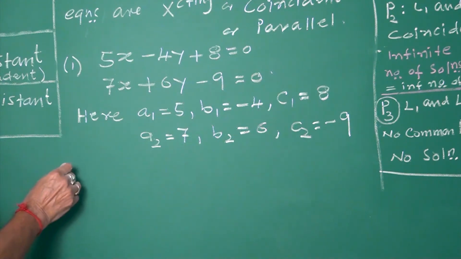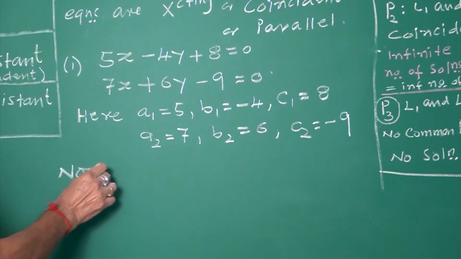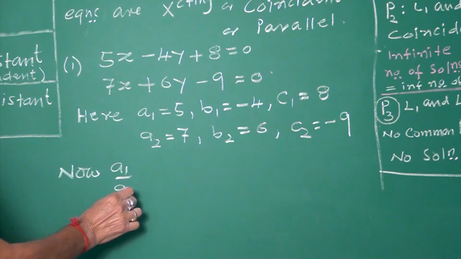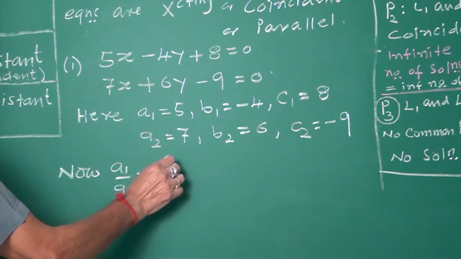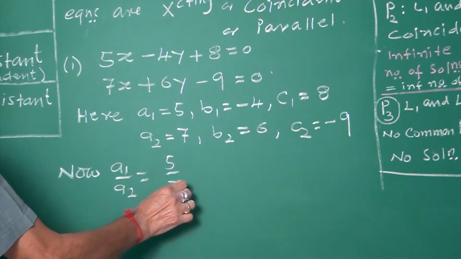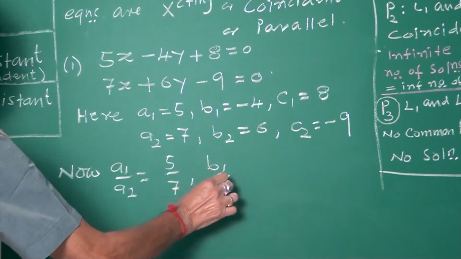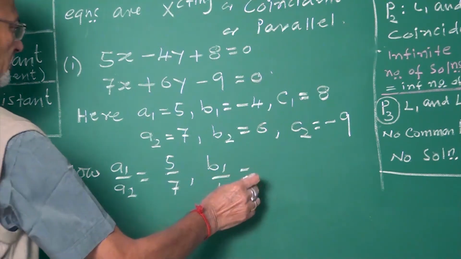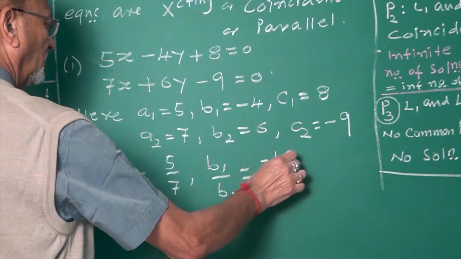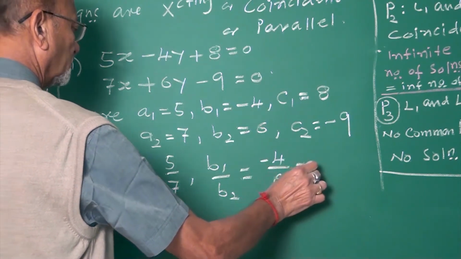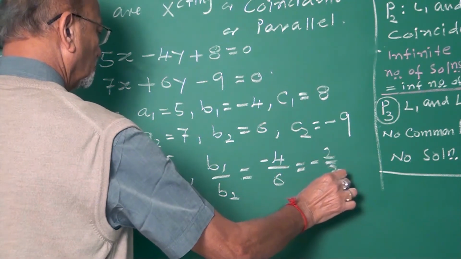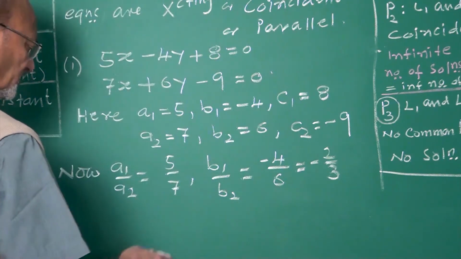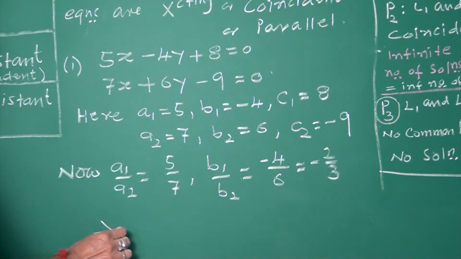Yes, now this is A1 upon A2. A1 is 5, A2 is 7. B1 upon B2 is minus 4 upon 6, minus 2 by 3. This itself indicates what?